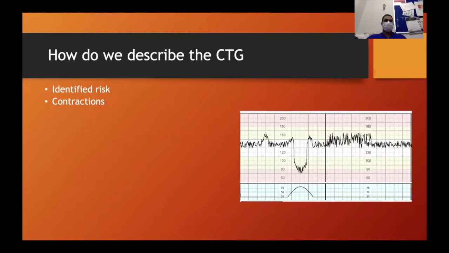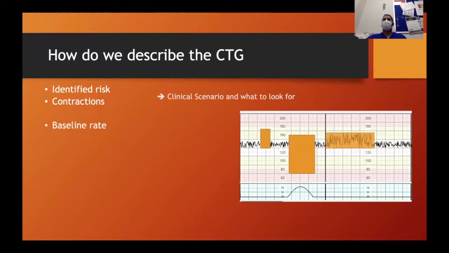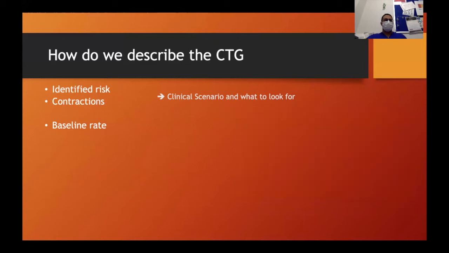So what you basically do is block out any accelerations, any decelerations, or any episodes of increased variability. See what's left, and then you take the average of that, and that will give you a baseline. Does that make sense? Okay, so what's variability?